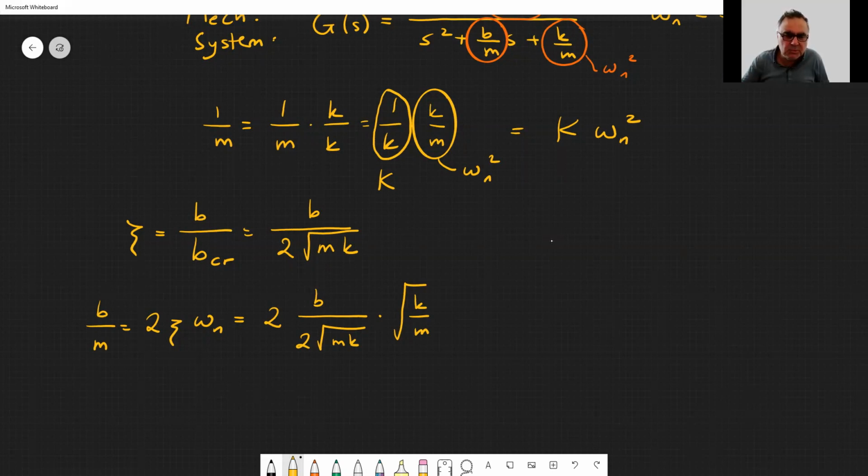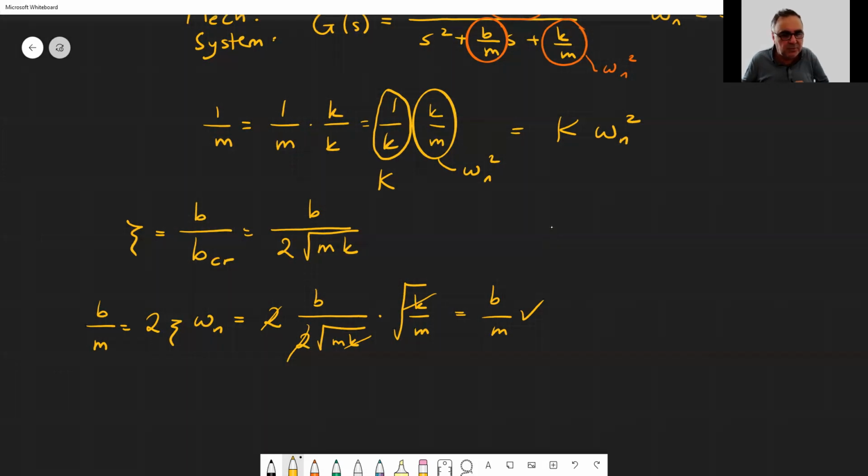I'm trying to derive this for a simple case, but whether you use an equivalent damping or not doesn't matter. You see the k terms cancel, and root m times root m is m, so it is b over m. As you see, 2 zeta omega n is indeed b over m. So this checks. Okay, b over m is 2 zeta omega n.